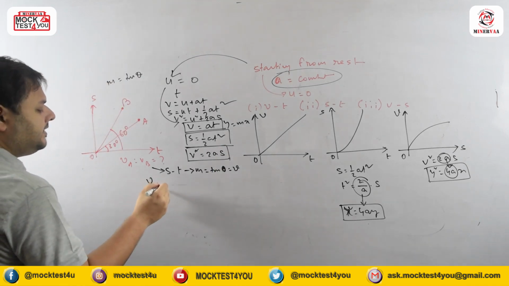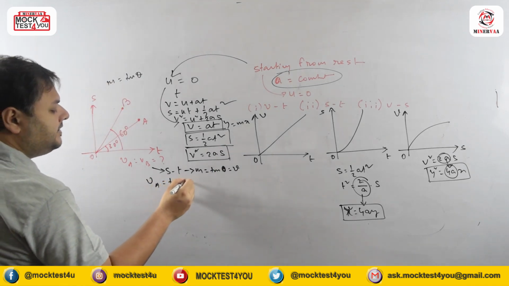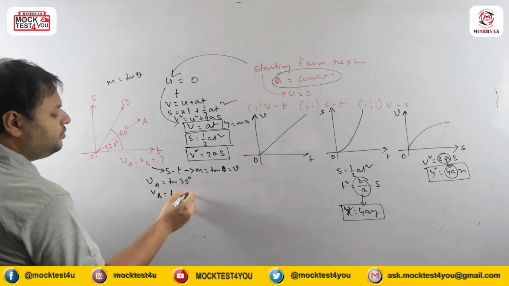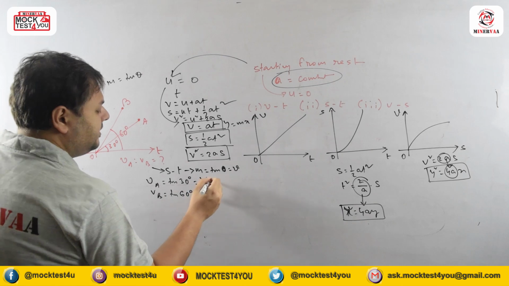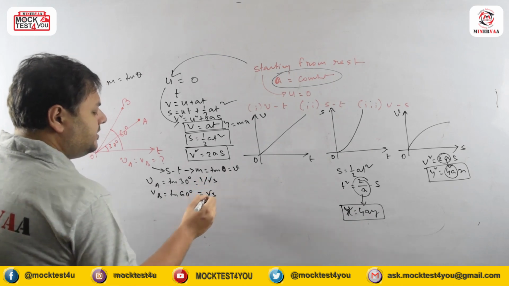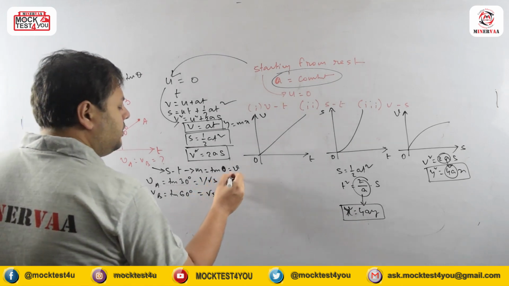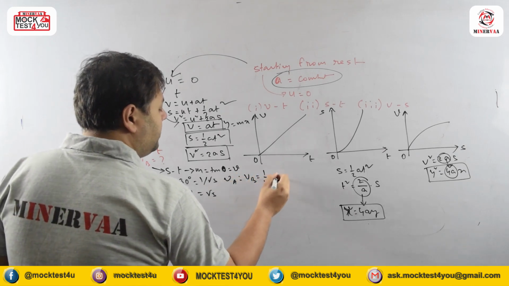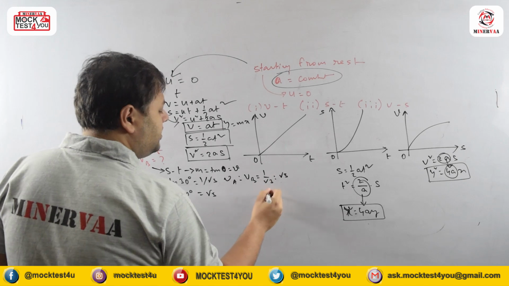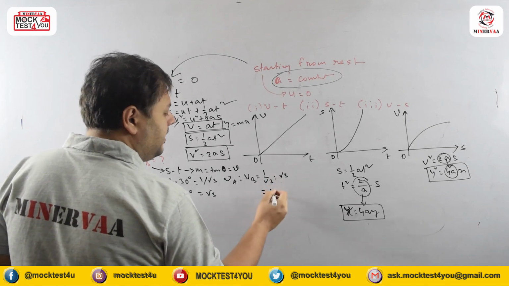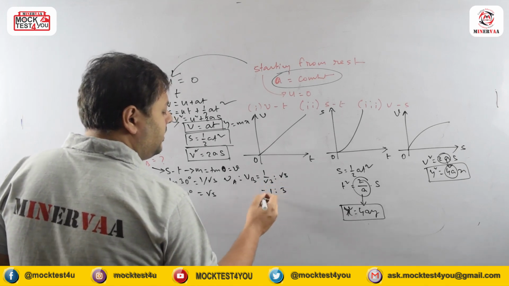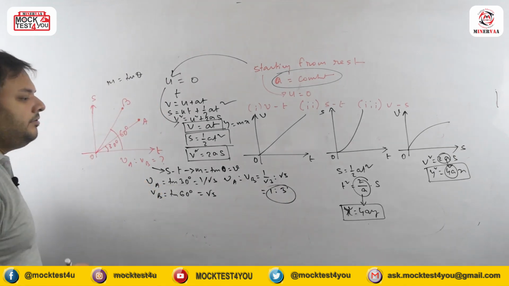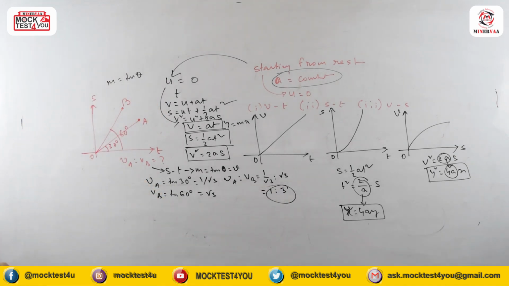So V at A is definitely tan 30 degrees, and V at B has to be tan 60 degrees. Tan 30 degrees is 1 by root 3, tan 60 degrees is root 3. So if I take their ratio, VA is to VB is 1 by root 3 is to root 3. If I multiply by root 3, it equals 1 is to 3. So this is the standard answer for this particular question.